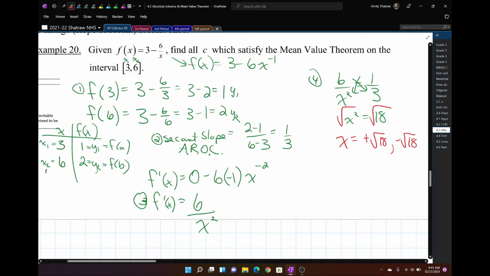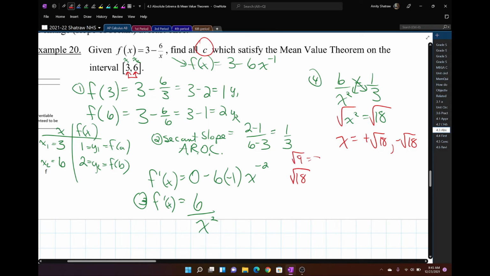Did I finish? Well, it says find all c which satisfy the mean value theorem on the interval between 3 and 6. So I do need to take a moment and think about that 3 and 6. Where does the square root of 18 fall? If I can't look at a calculator for this, how do I know where the square root of 18 is? Well, let's think about some square roots we do know.